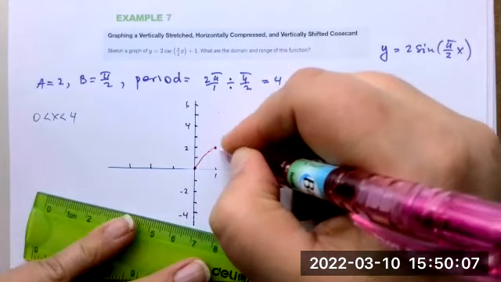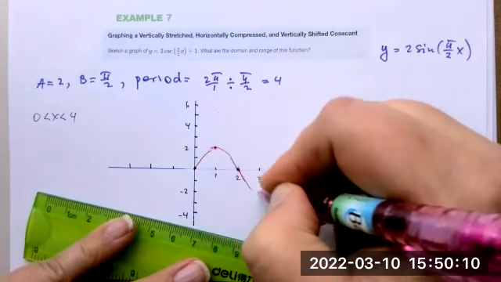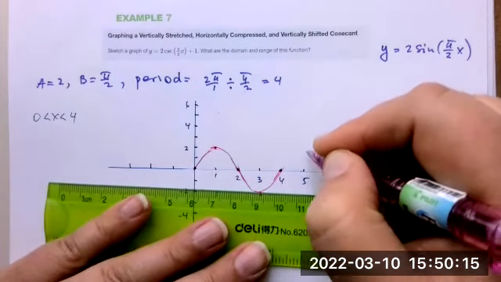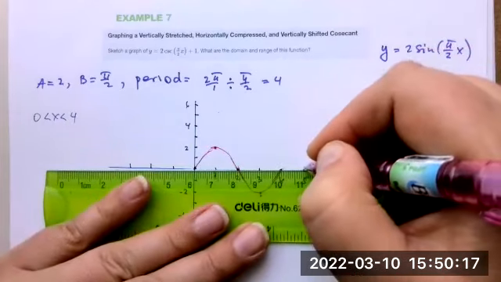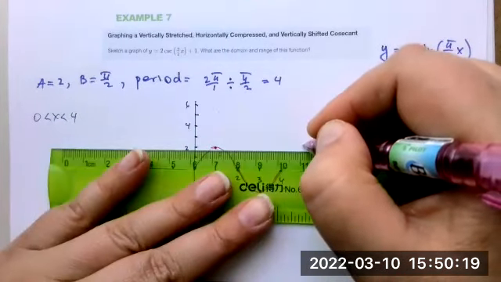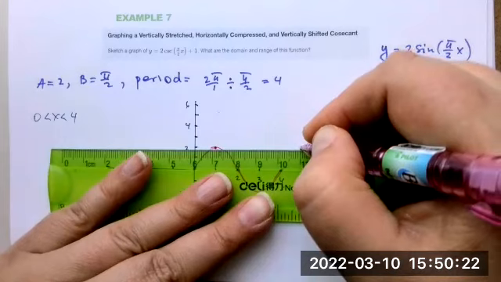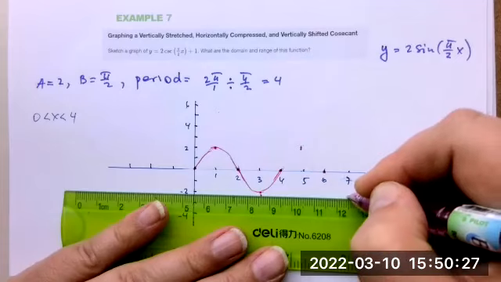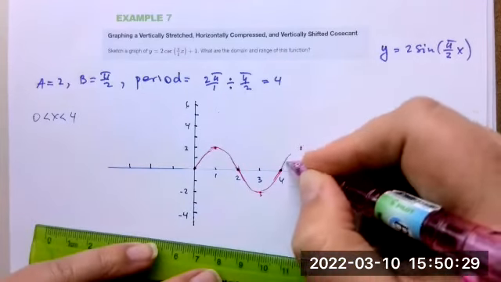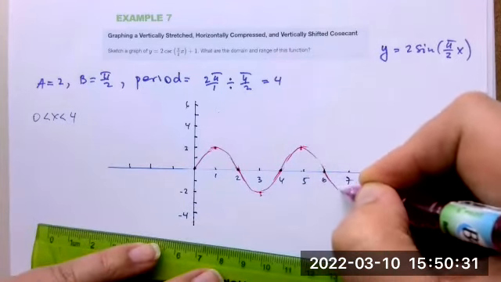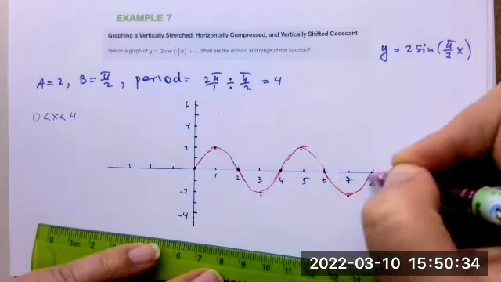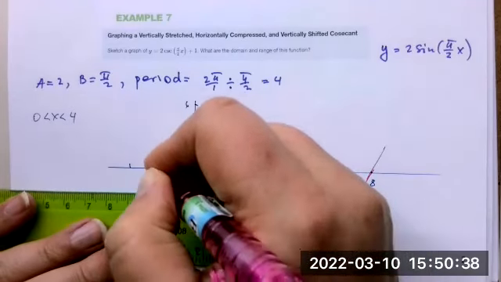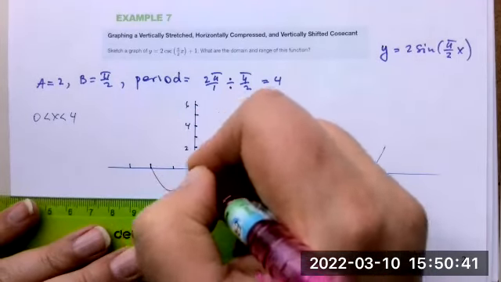So this is one period of this function, and we're going to extend it in both directions.